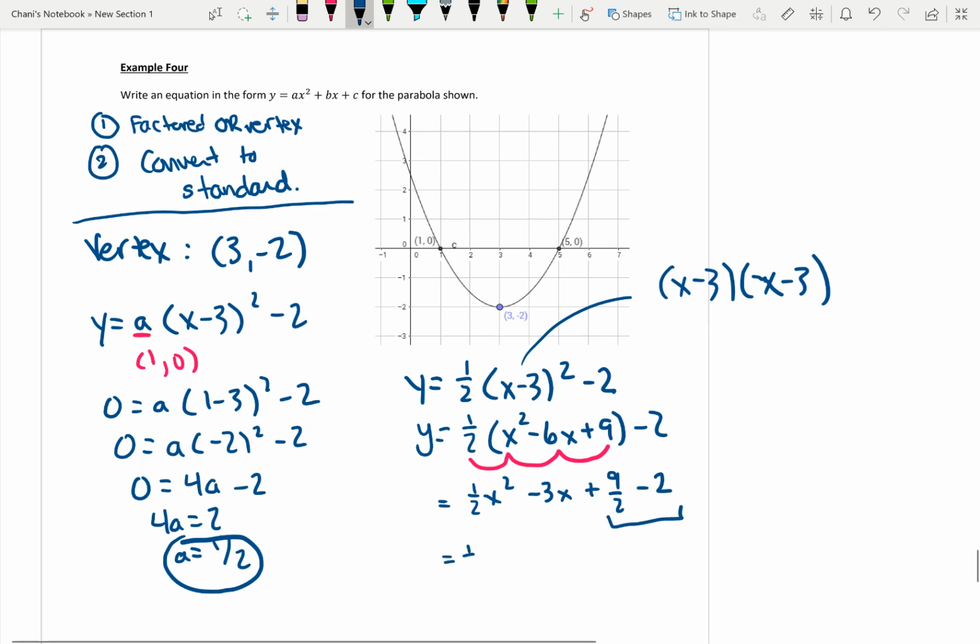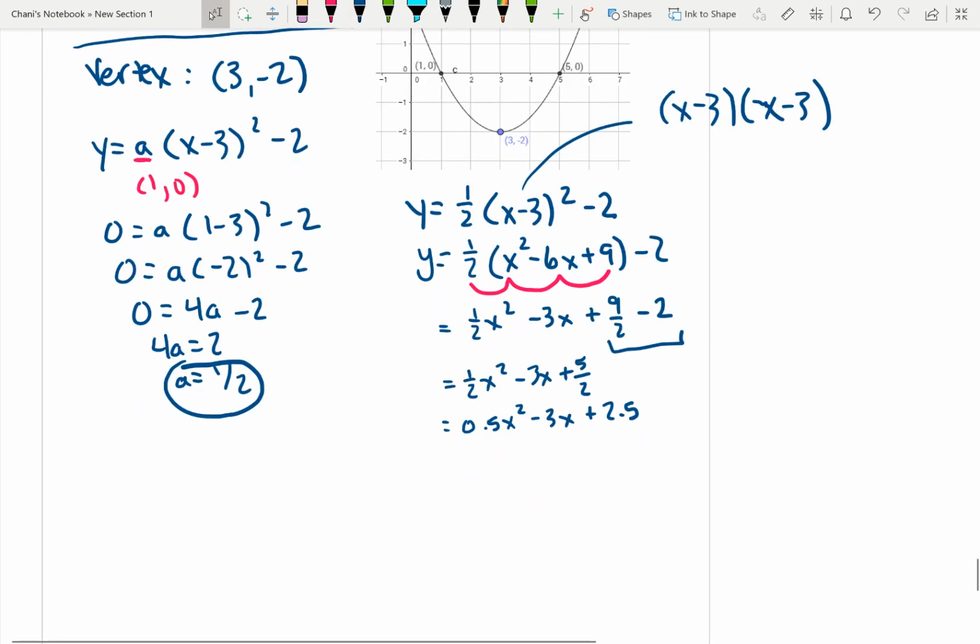So I get a half x squared minus 3x plus 5/2. Alternatively, you could write it as 0.5x squared minus 3x plus 2.5. But what you can't do is have one fraction and one decimal. You need to have either one or the other.